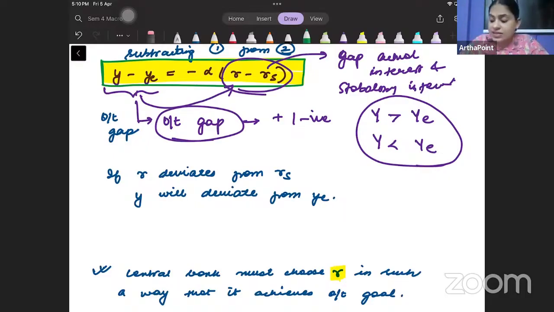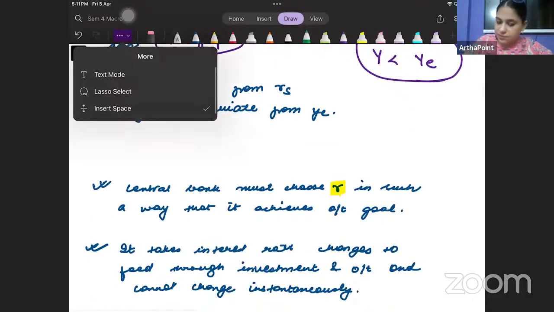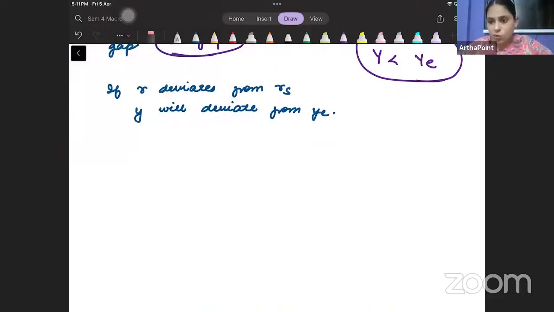And I see that there is a negative sign here. So there is an inverse relationship between the two, right? Let us take an example to understand this. What I can do is take that my interest rate actually is 10%.